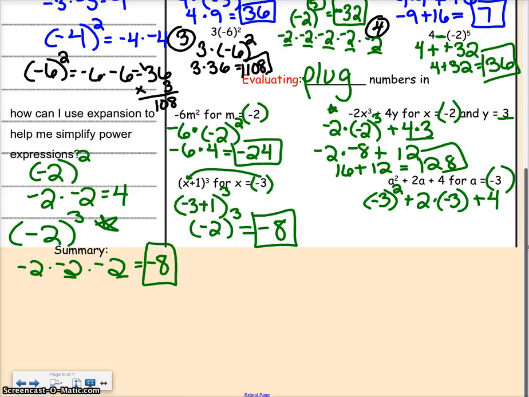Negative 3 squared is negative 3 times negative 3, so that's a positive 9, plus 2 times negative 3 is a negative 6, plus 4. Okay, 9 plus a negative 6 is just 3 plus 4, which is a final answer of 7.